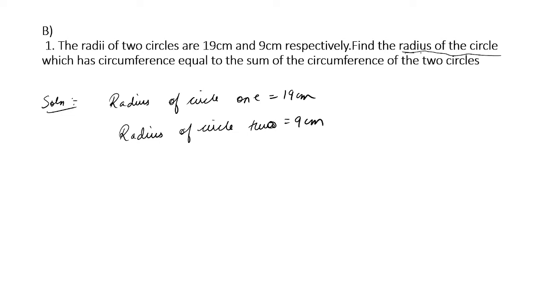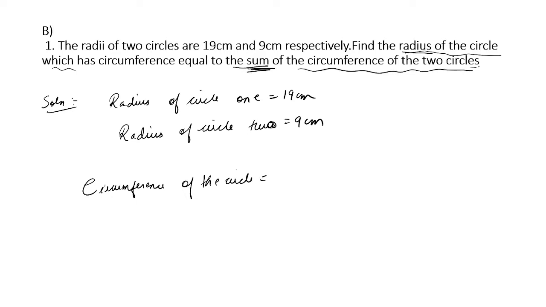So we are asked to find the radius of the circle which has circumference equal to the sum of the circumference of the two circles. Therefore, the circumference of that circle we're talking about is equal to what? The sum. Sum means addition of the circumference of the two circles.